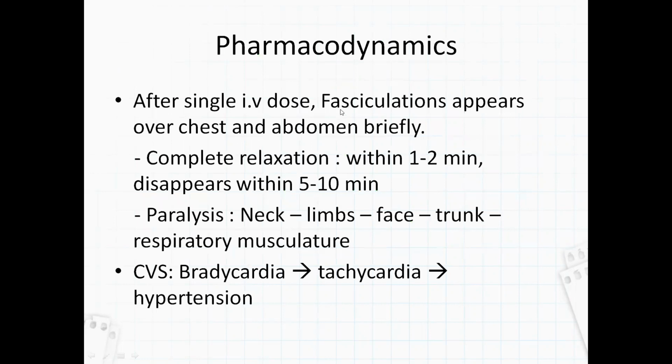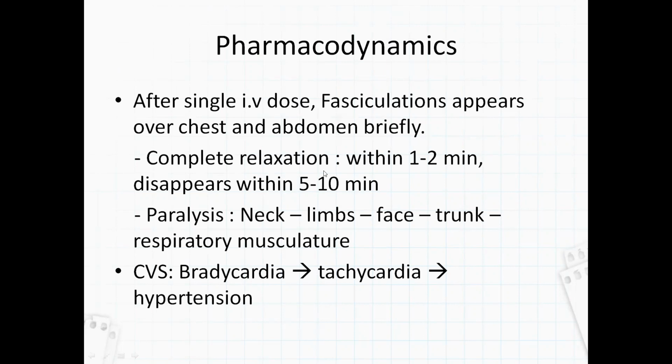Coming to pharmacodynamics. After a single IV dose, fasciculations appear over the chest and abdomen briefly. Here you can see the muscles on the chest and abdomen. What we saw with the non-depolarizing blockers is that smaller muscles are affected first, like around the eye and the toes, larynx, etc. But here, larger muscles like chest and abdomen are affected, and fasciculations appear very briefly.